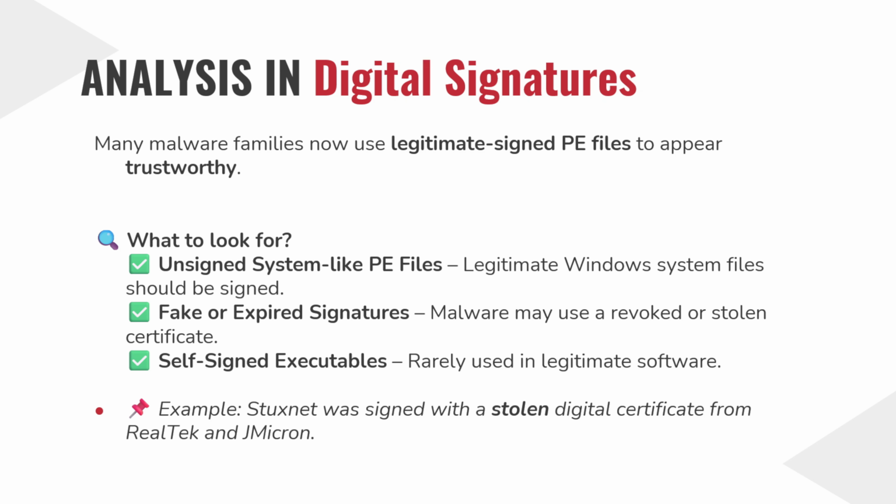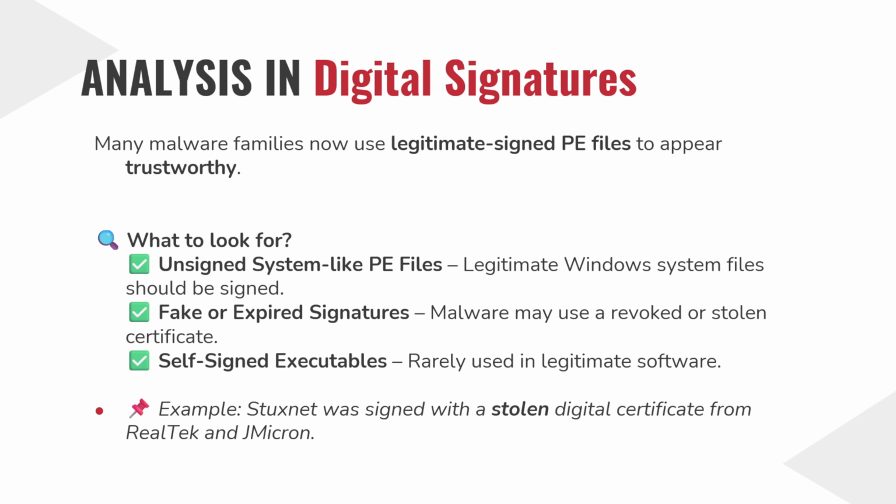So finally, to wrap it up: check the certificate's authenticity, verify the signature's validity, and inspect for self-signed certificates. In conclusion, legitimate signed PE files can appear trustworthy and are often used by malware families to avoid detection.